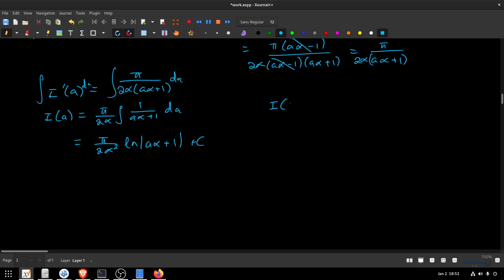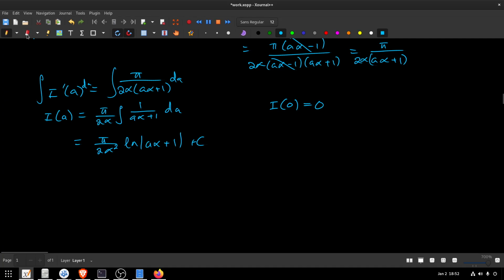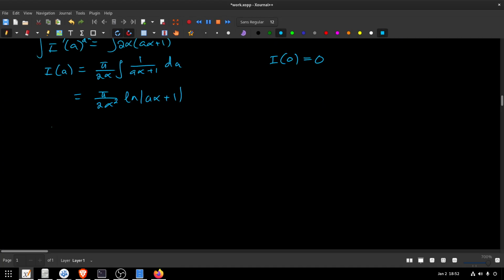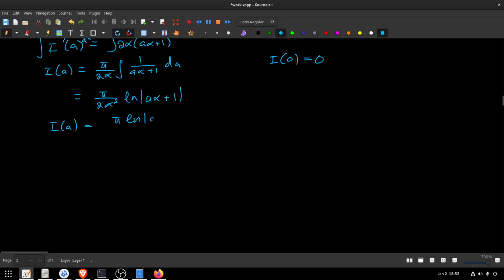But we know that I of 0 is 0, so that c is just going to fall away. This means that I of a is pi ln(a alpha plus 1) over 2 alpha squared.